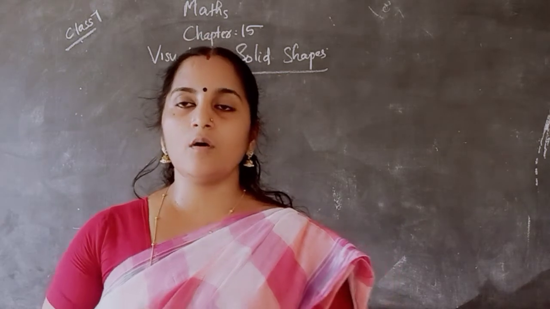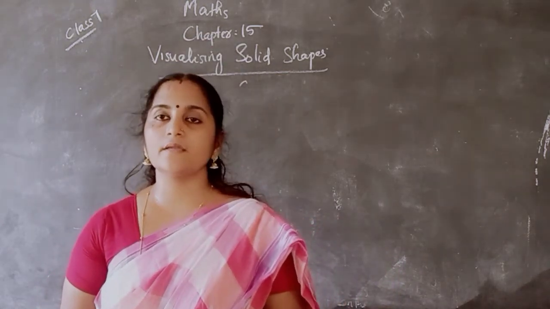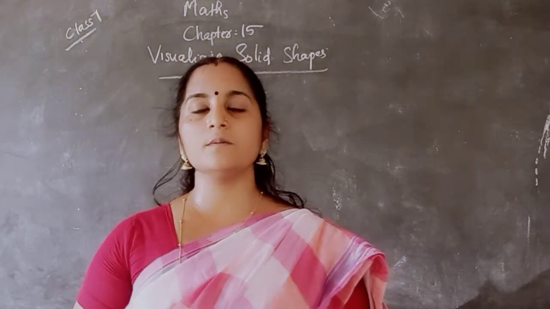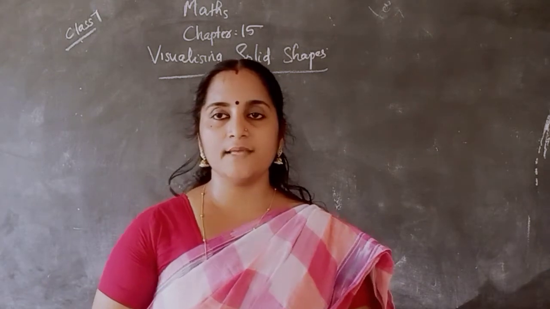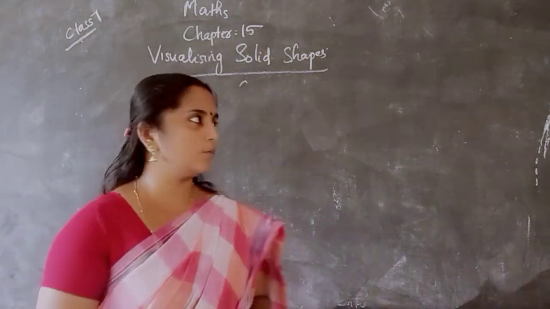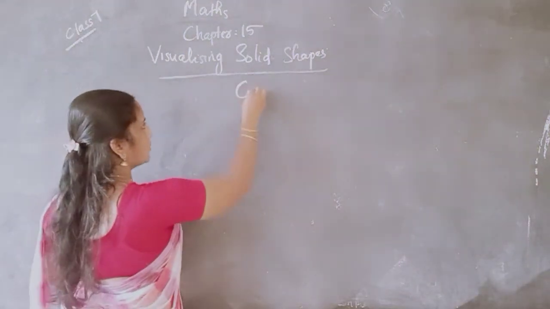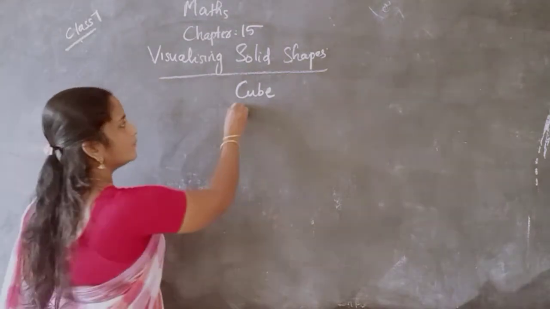You know that a solid figure has 3 dimensions: length, breadth and height. If all these sides are equal, can you say what is the name of that figure? That is, length, breadth and height are same. Then that solid shape is called a cube.